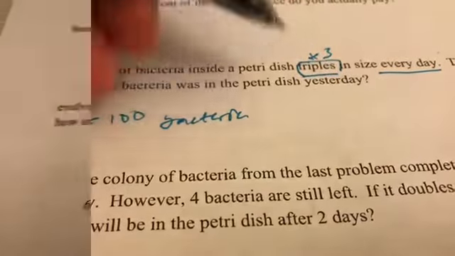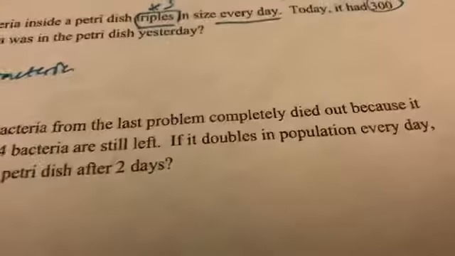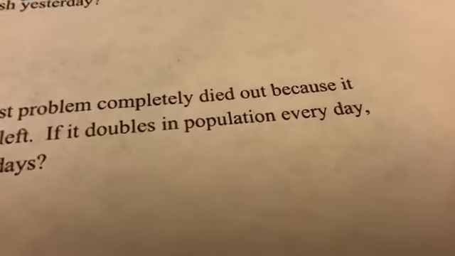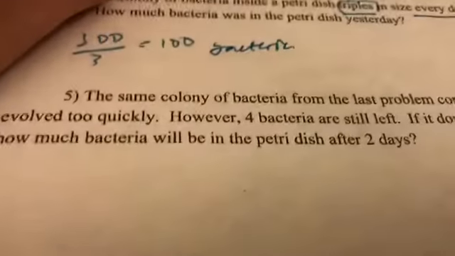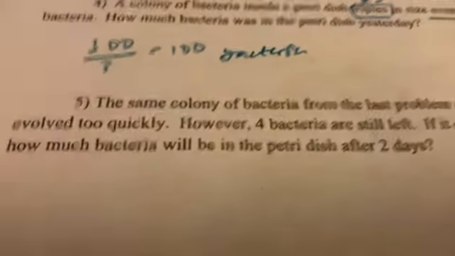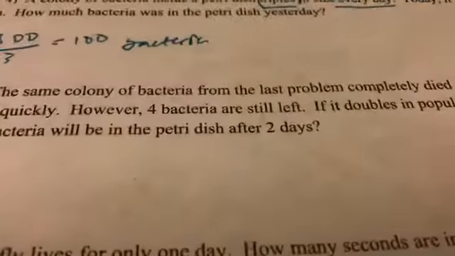the day before. And number 5 is the same colony of bacteria from the last problem completely died out because it evolved too quickly. However, 4 bacteria are still left. If it doubles in population every day, how much bacteria will be in the petri dish after 2 days?